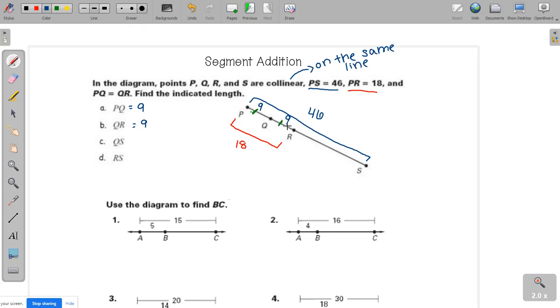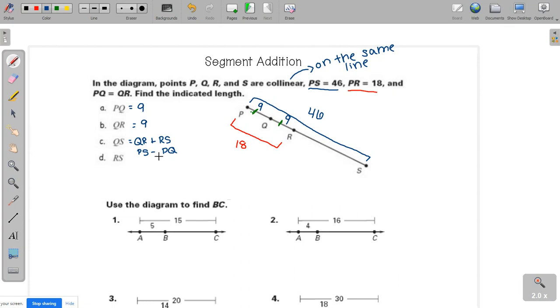QS. QS is going to be equal to QR plus our RS. It is also the same as PS minus our PQ.